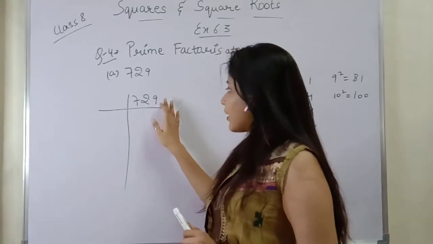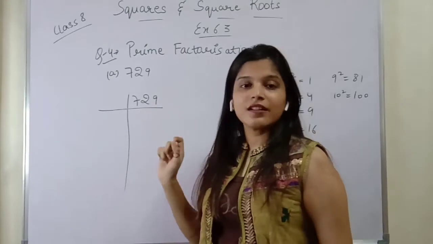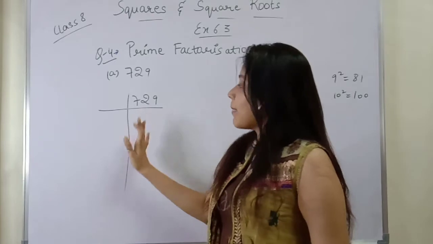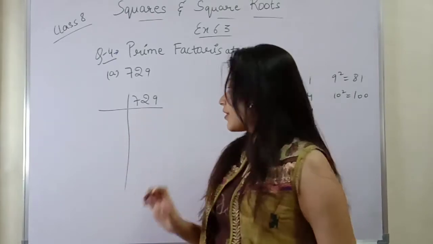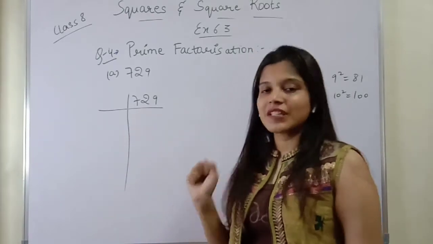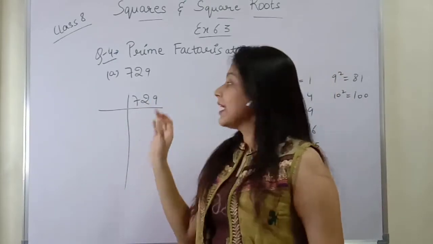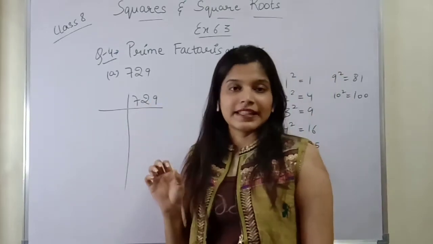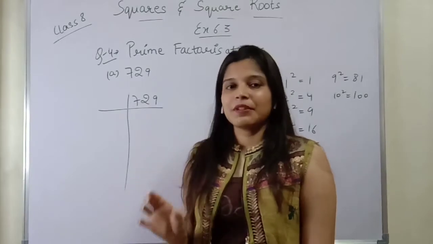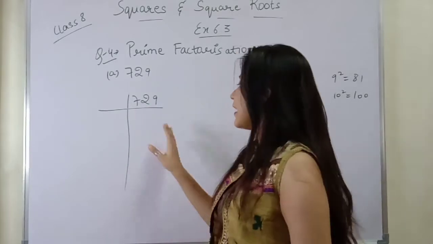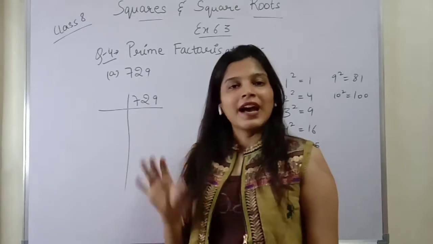This is an odd number because end में है 9. So अब हम 3 से चेक करेंगे and for 3 we will add all the digits of this number. So 7 plus 2 is 9 and 9 plus 9 is 18 and yes, 18 3 की टेबल में आता है. So it means that ये नंबर भी 3 की टेबल में आएगा.